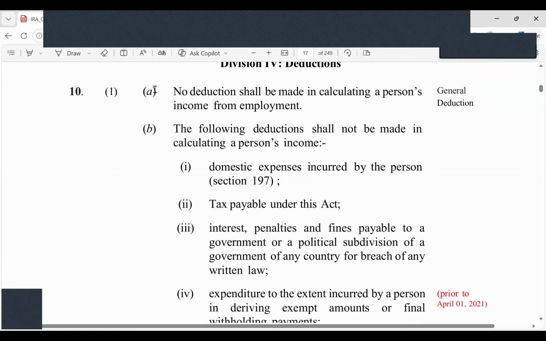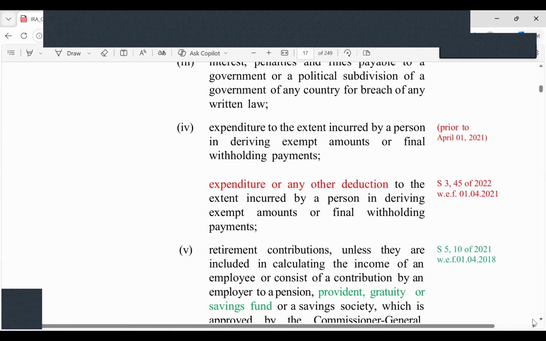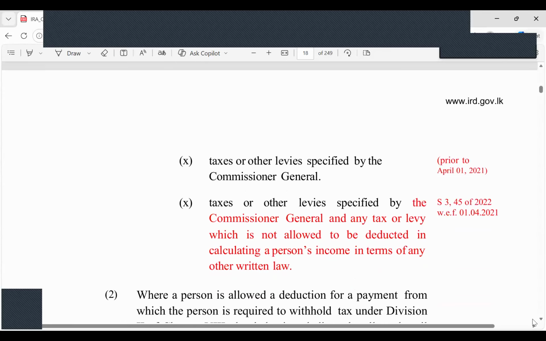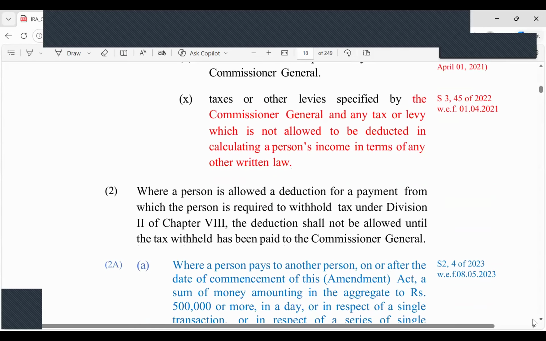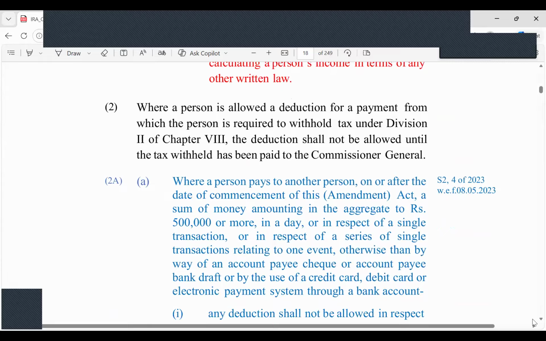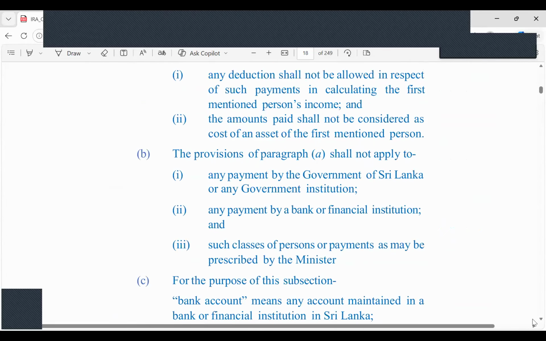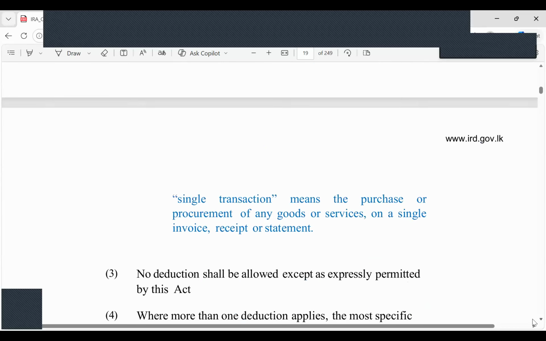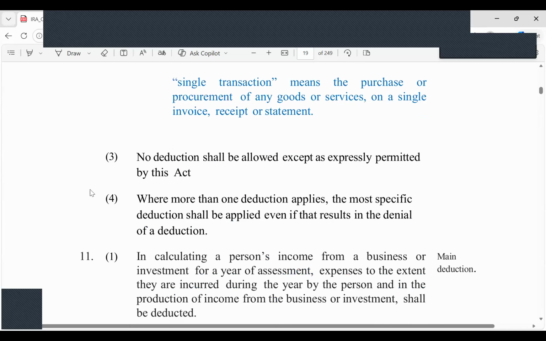So subsection 1 A, B, then I have explained about domestic expenses, then all other expenses given under 10(1)(b), up to subsection 4, you can see the not allowable deductions under section 10.